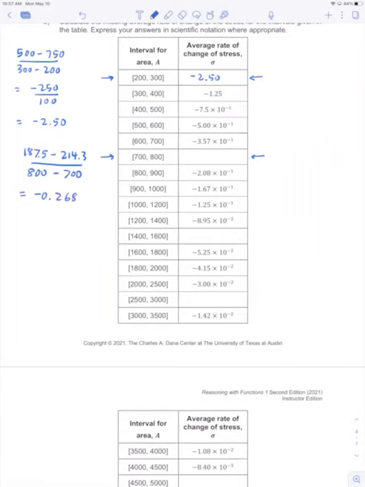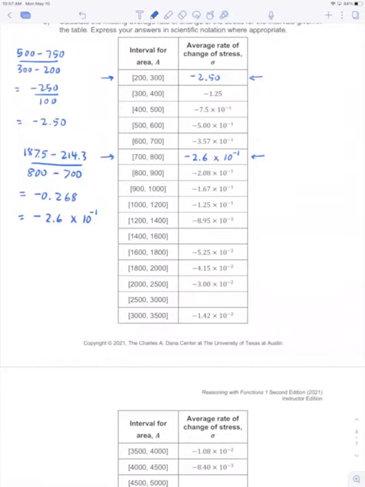We can put this in scientific notation, since the other numbers in the table are in scientific notation around it. This ends up being negative 2.6 times 10 to the negative 1. There we go. Now the rest of the numbers are filled out.